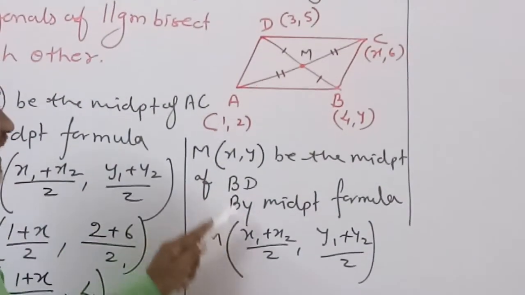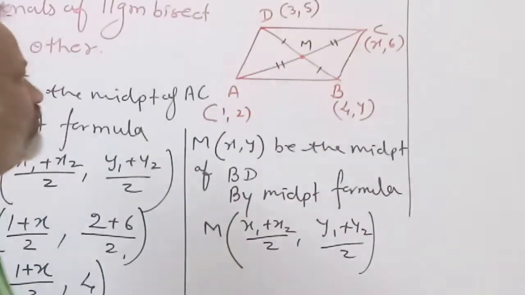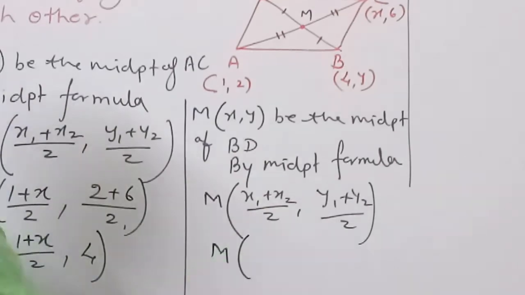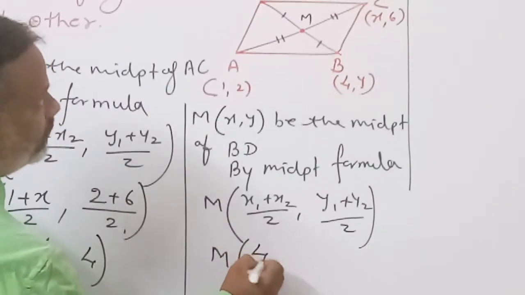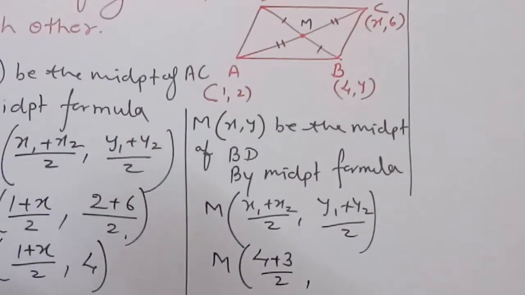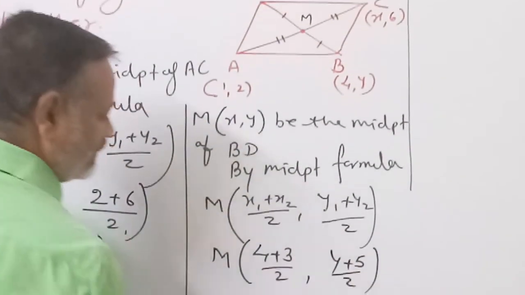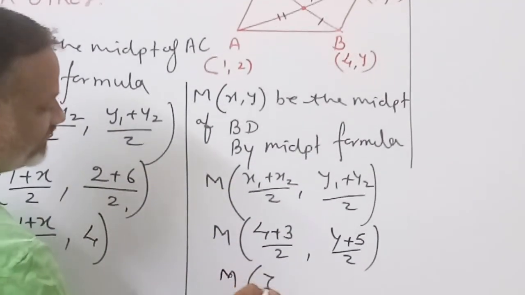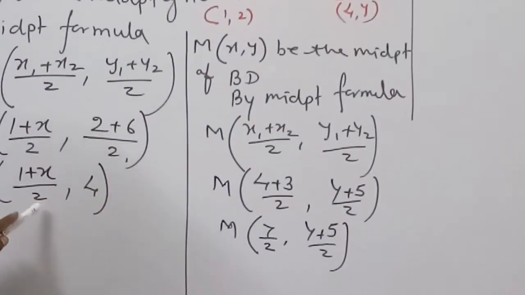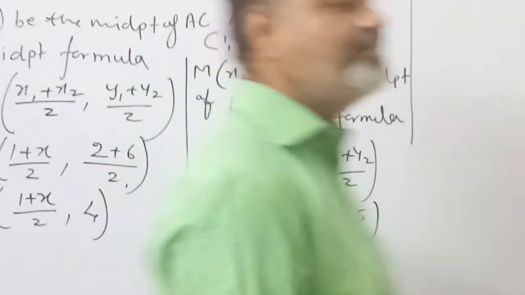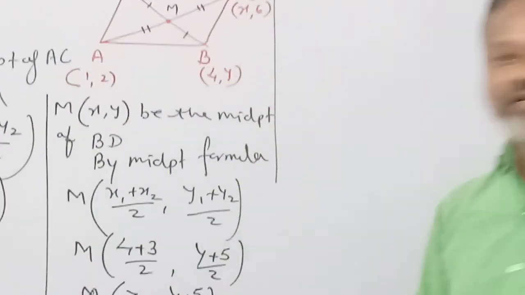This is the midpoint of BD, so this is x1, y1 and this is x2, y2. So (4 plus 3) upon 2, and (y plus 5) upon 2. 4 plus 3 is 7, that is 7 upon 2, and this is (y plus 5) upon 2. Now this is the coordinate of M, and this is also the coordinate of M, which means these two coordinates are the same.